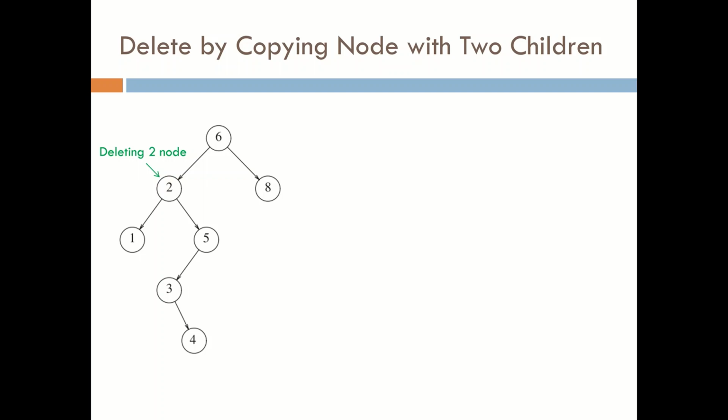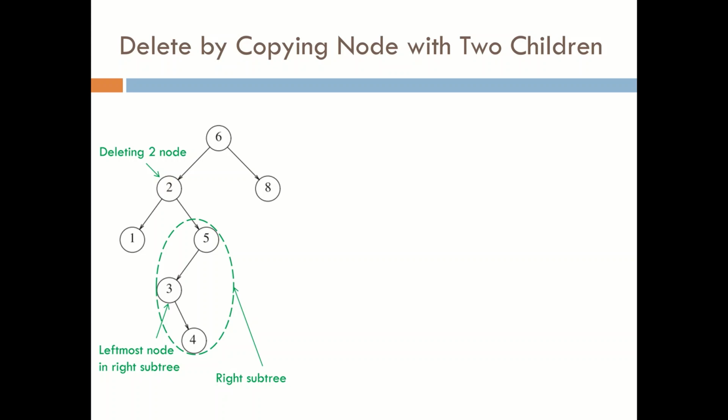It has 1 as its left child, and it has 5 as its right child. And so let's take a look at the right subtree, okay? And let's pick the leftmost node of the right subtree. Which one is that? That's going to be the 3, right?